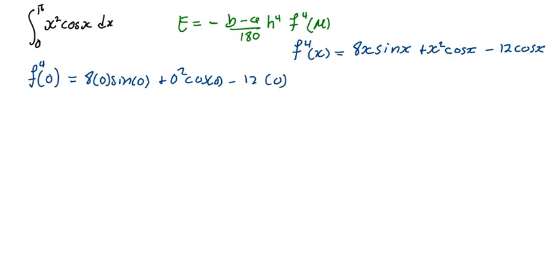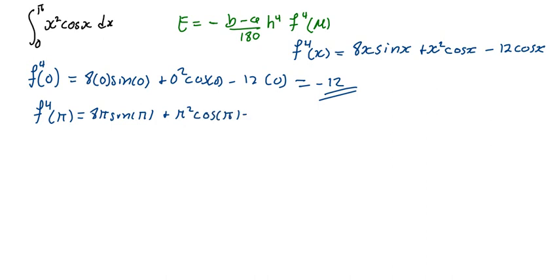So this actually just ends up being minus 12. Then what about f to the fourth at pi? That would be 8 pi sine pi plus pi squared cos pi minus 12 cos pi.